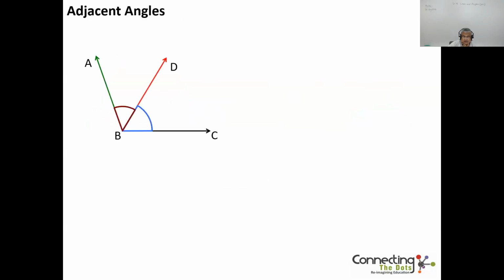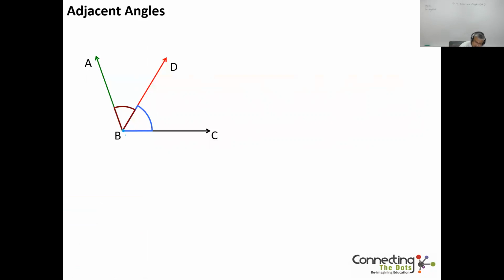Now next comes adjacent angles. So if you have two angles like this, this blue angle you see and this angle. So remember, first let's look at the blue angle. For the blue angle, let me change the color pen and write. We are talking about the blue angle.